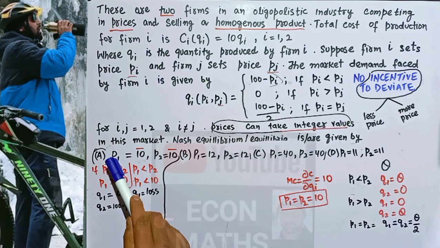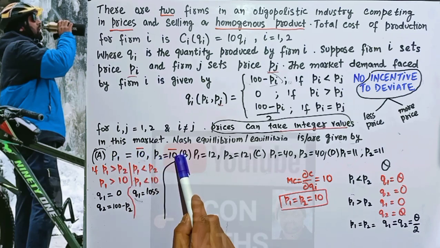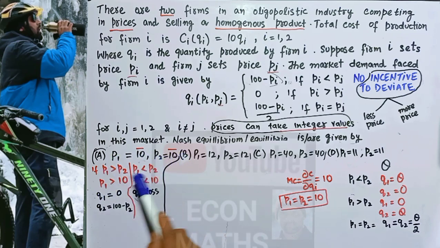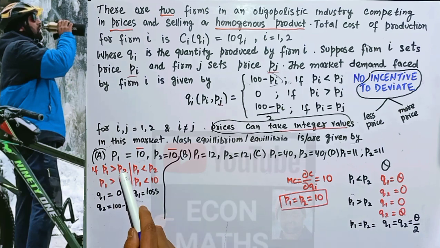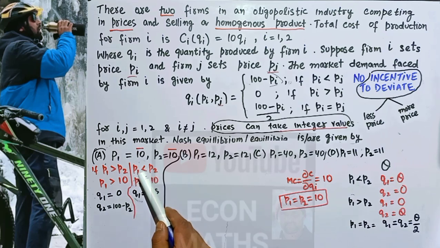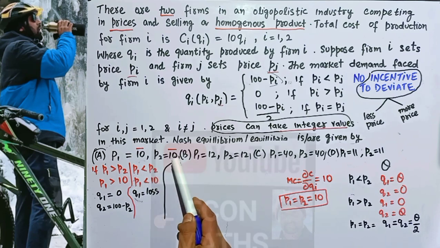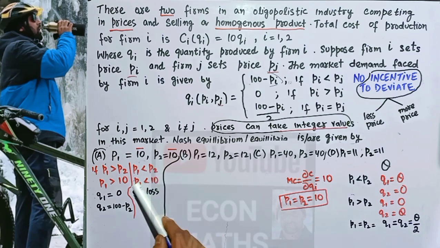So we can say if P1 is equal to 10 and P2 is equal to 10, firm 1 has no incentive to change from this initial strategy of charging $10, because if he charges a price greater than P2, in this case he will get zero share of the market and firm 2 will catch all the market. But if firm 1 charges a price less than firm 2, that is a price less than 10, in this case he is making a loss.